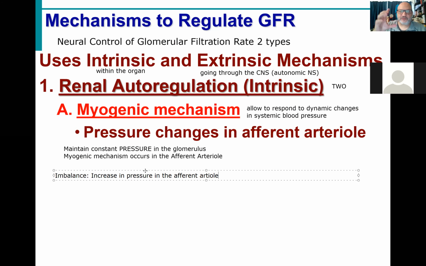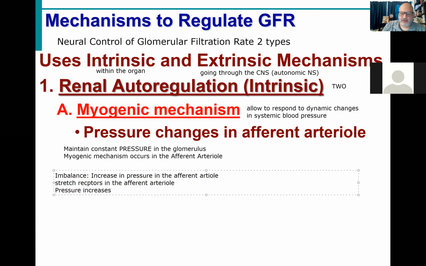Now, we are able to recognize this because there are stretch receptors in the afferent arteriole. So when pressure goes up, the afferent arteriole, and I'll just abbreviate that AA now, stretches.